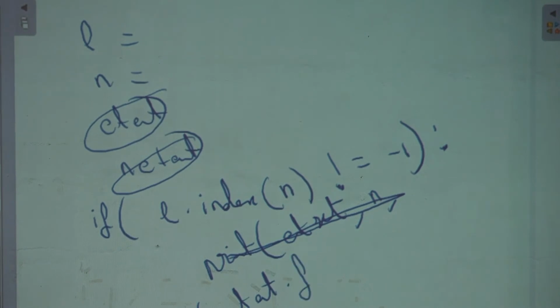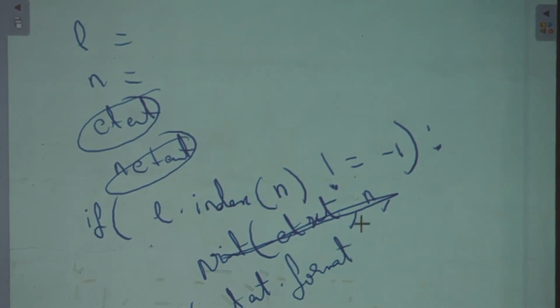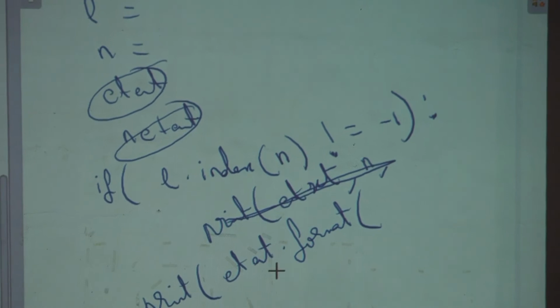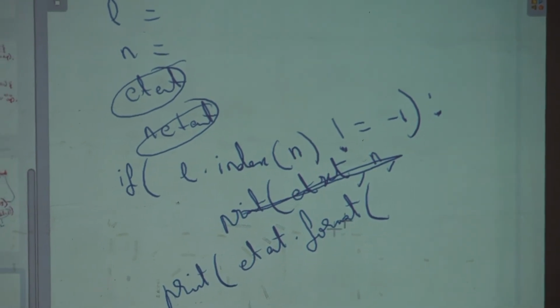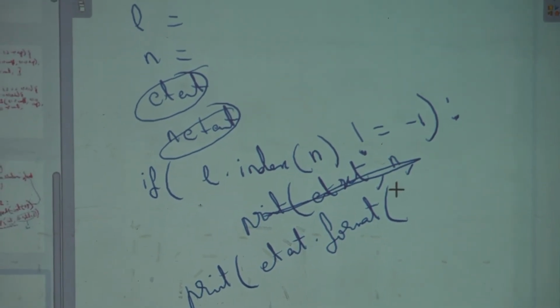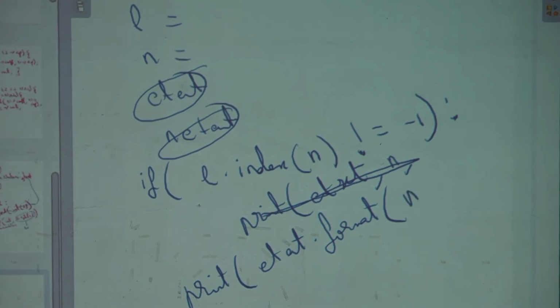Dot format. Now I have created the format string, but now I have to say eText dot format. I have to pass the values. No? So n, first value for the first placeholder, that is first open bracket, close bracket. So eText dot format, n is the value which is going to sit there.